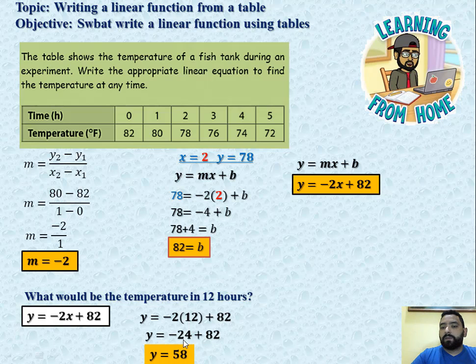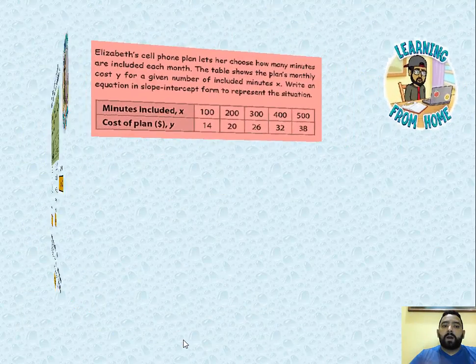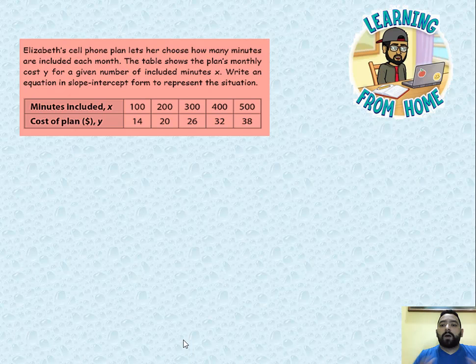Hours is represented by x, so you replace x: negative 2 times 12 plus 82. Negative 2 times 12 is negative 24, plus 82 is 58. So the temperature in 12 hours will be 58 degrees Fahrenheit. And this is how to find the linear function from a table and use it to identify any value at any time.